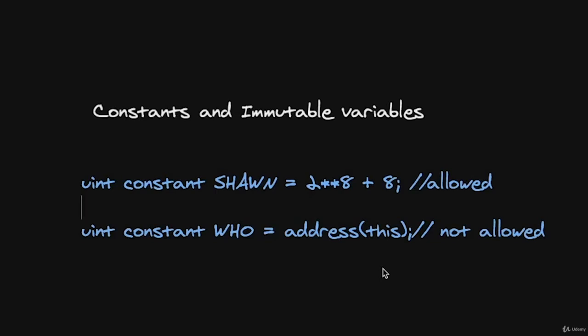Any blockchain data you cannot put in a constant at compile time. Like if you do constant who is address this, this is not allowed because this is blockchain data. You cannot put it in here. The workaround is using immutable variables, which are like constants, but they are less restrictive.